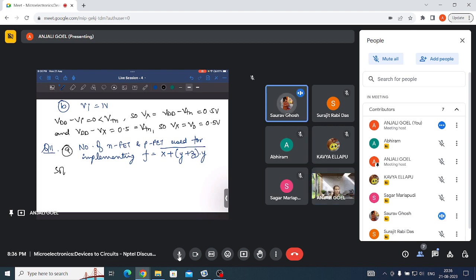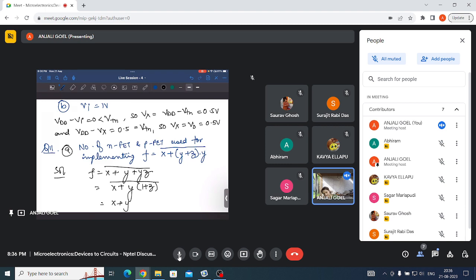Ma'am, total 8 transistors. No. Okay, so using 3 NMOS, 3 PMOS, no. So this will be x plus y, y z bar, your function. So x plus y, 1 plus z. So this will be x plus y. So only 2 NMOS and 2 PMOS will be used.